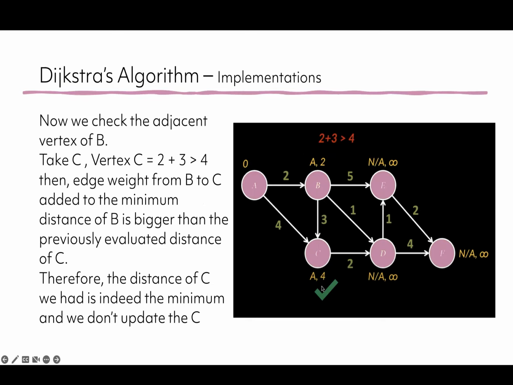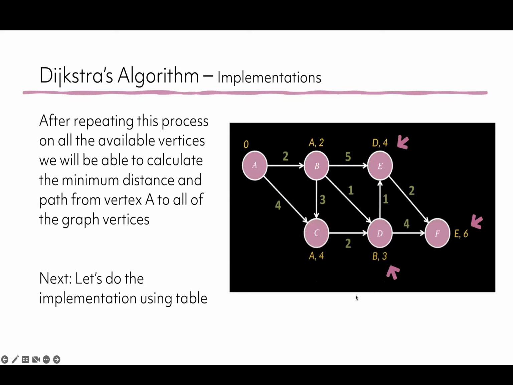The edge weight from B to C added to the minimum distance of B is bigger than the previous distance of C. Therefore, the distance of C we have is minimum, and we don't update C. After repeating this process on all the available vertices, we will be able to calculate the minimum distance and path from vertex A to all of the graph vertices.